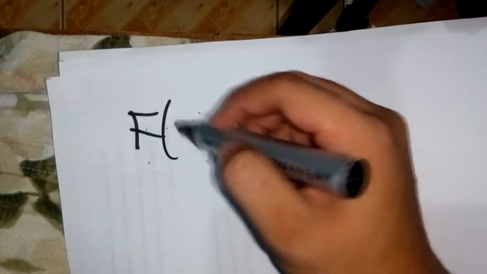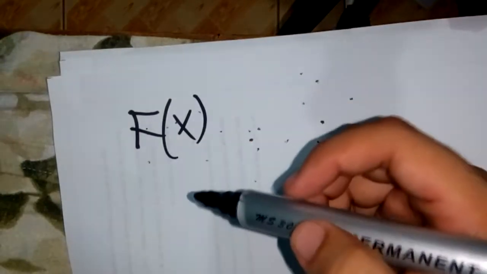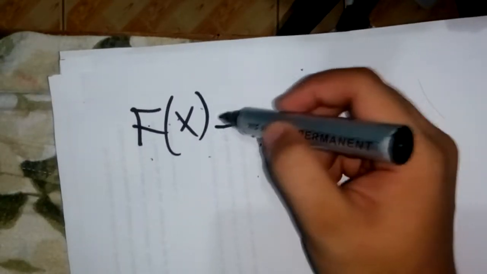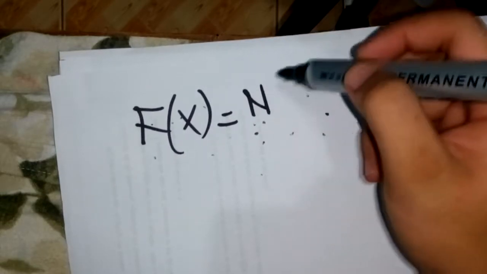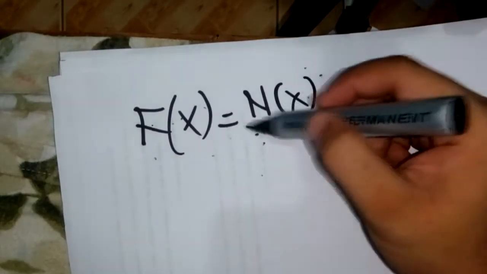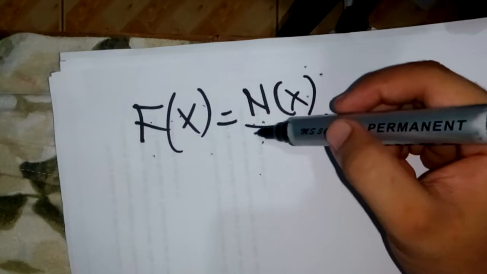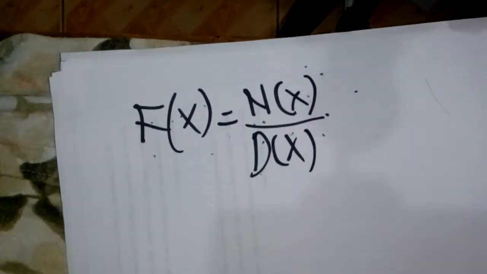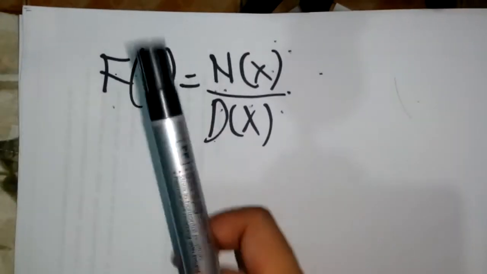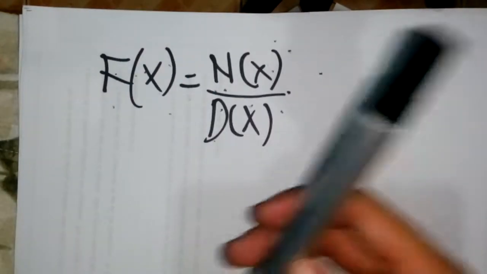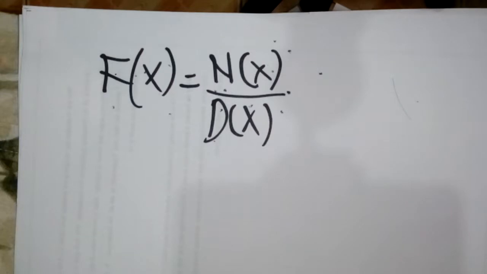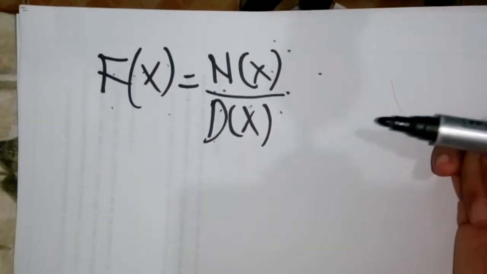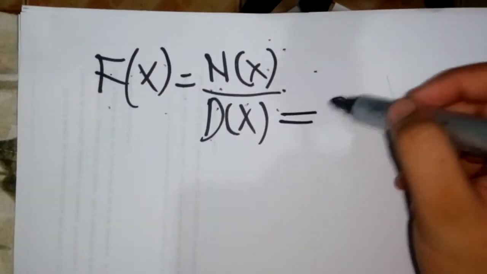A rational function can be written in the form f of x equals n of x over d of x, where n of x and d of x are polynomials and d of x is not equal to 0.